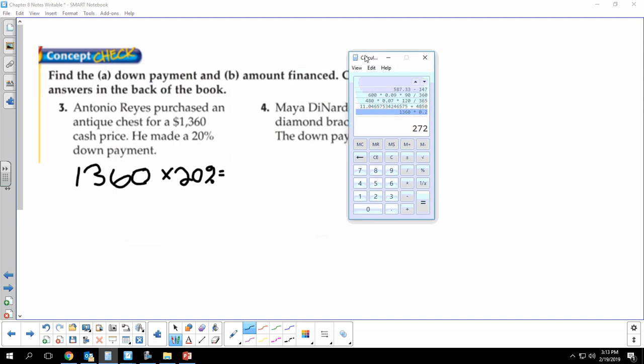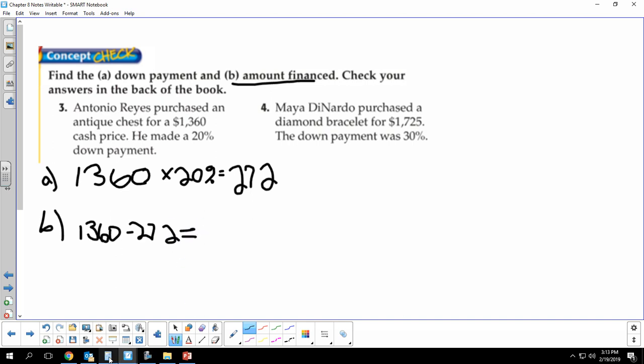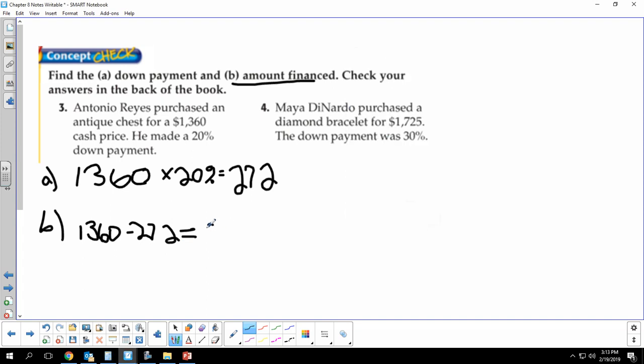We get $272. And then we have to find the amount financed. So we take $1,360 minus $272, and we get $1,088.